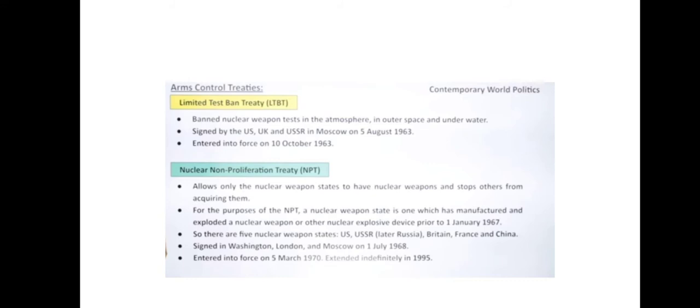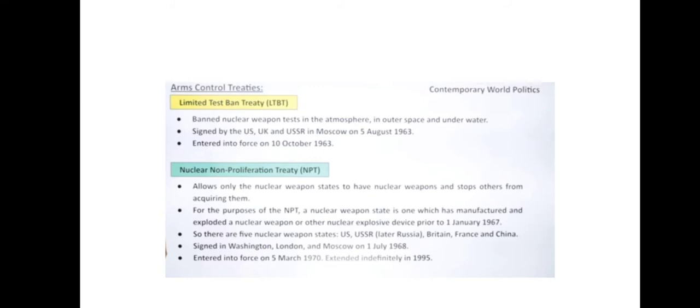The third and very important arms control treaty was the Limited Test Ban Treaty, known as LTBT. LTBT was signed by the US, UK and USSR in Moscow on 5th August 1963, and it banned nuclear weapon tests in the atmosphere, in outer space and underwater.